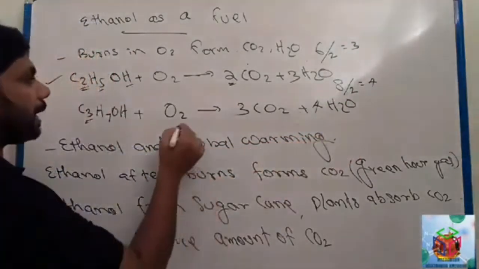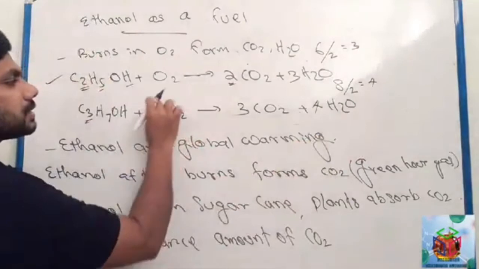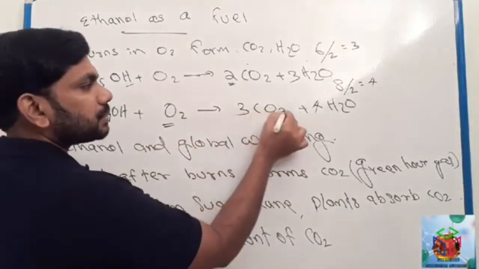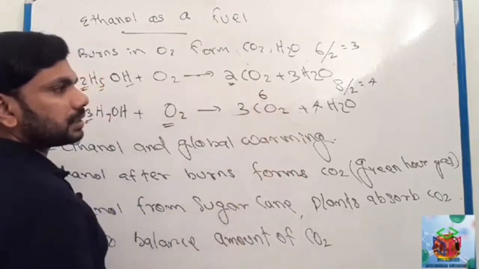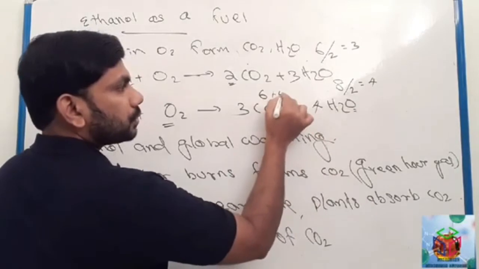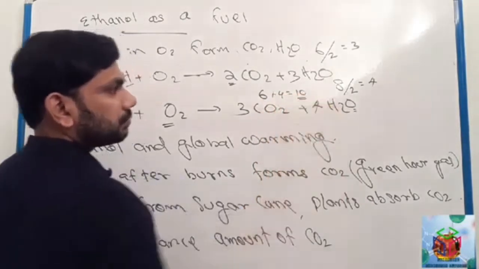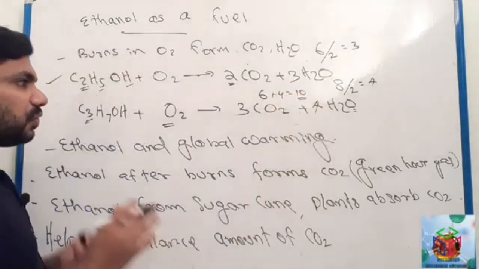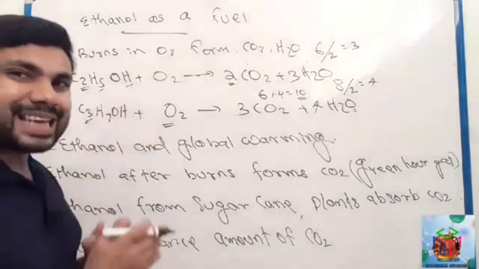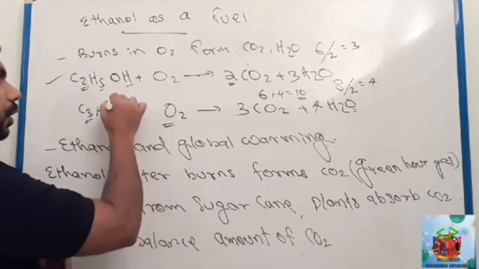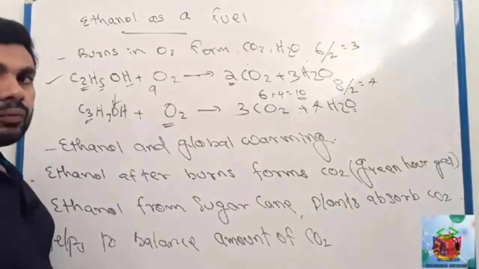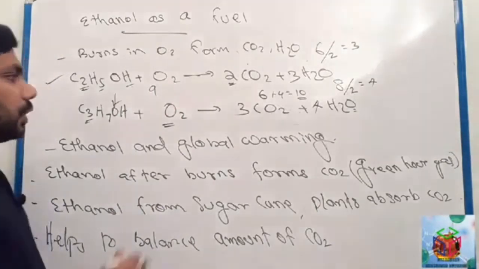Now we have to balance the oxygen. 3 times 2 is 6 oxygen, plus 4 H2O gives 4 oxygen, so 10 oxygen. We need 10 oxygen on the left hand side too. There is already 1 oxygen, so we need 9 oxygen.